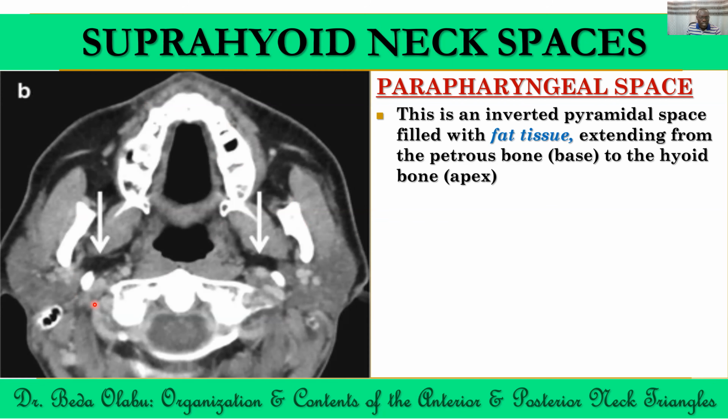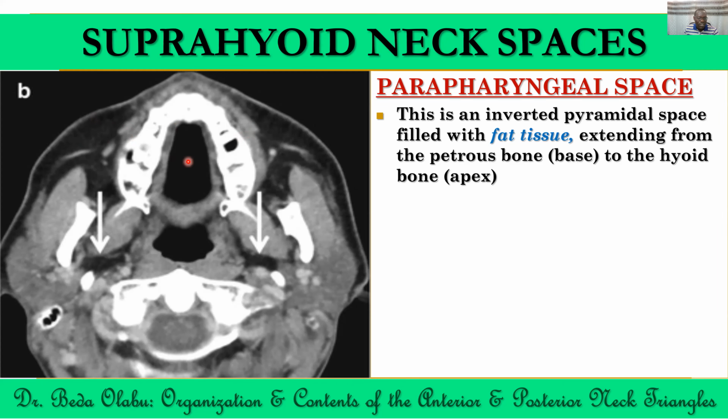Radiologically, in CT scan, this is how it looks. This hypodense space, when you say hypodense, means it's darker in CT. This kind of density is consistent with fat density. Compare that with the fat here as well. So this is the fat in the buccal space.